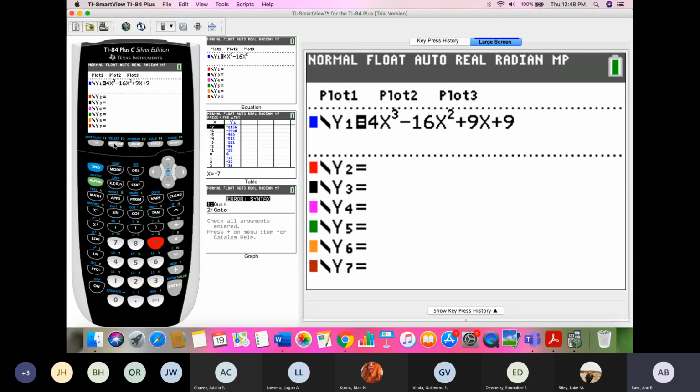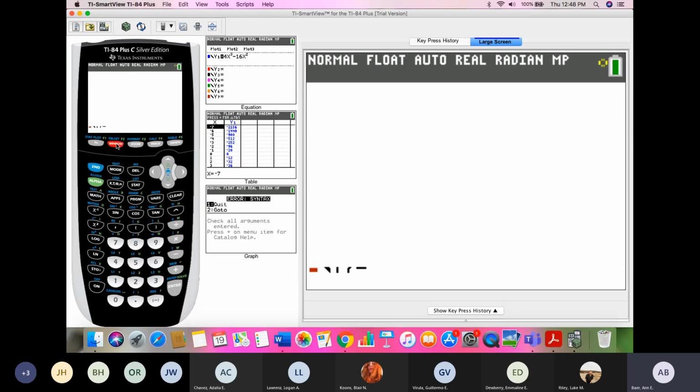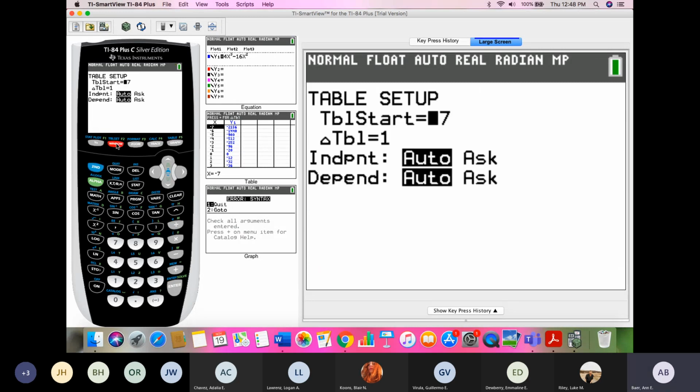So I want to show you how to do that. Now table set is above the window key, and it's in blue, so I have to click on the blue key first. It may be a different color on your calculator. Then click on the button below table set, which is called window.